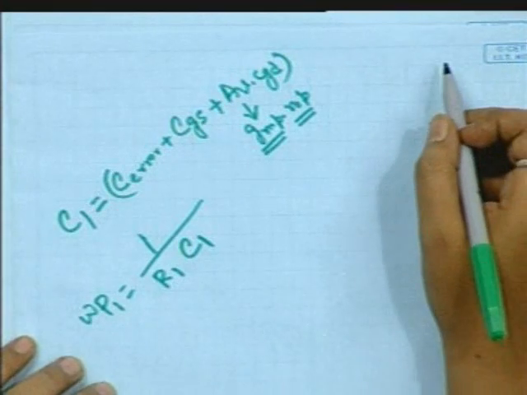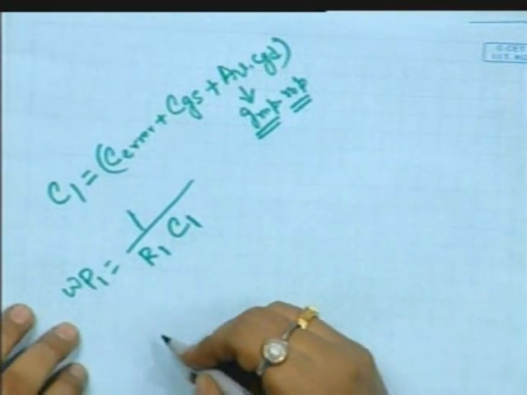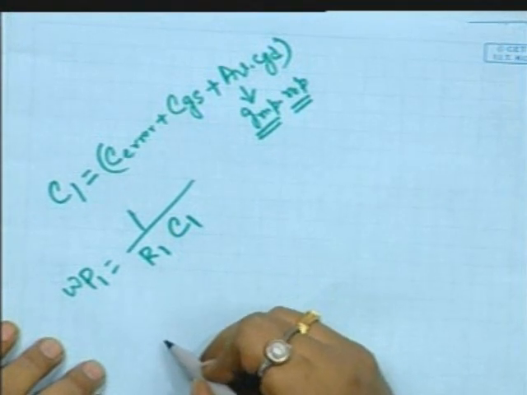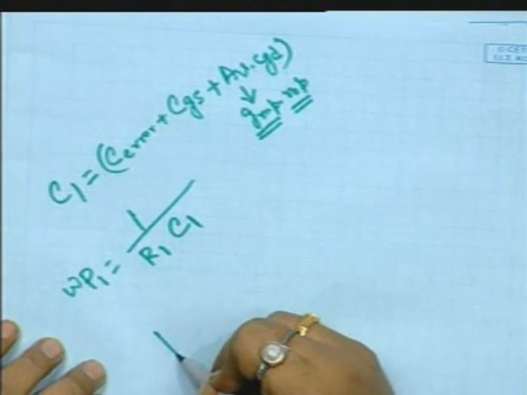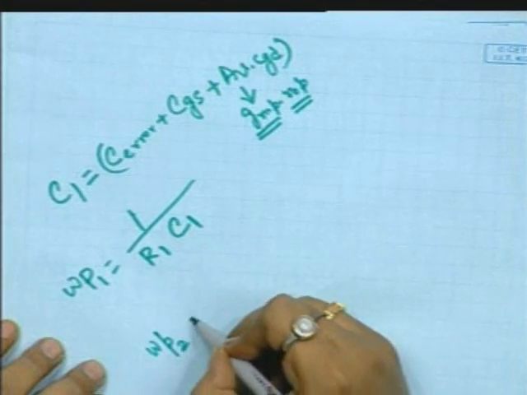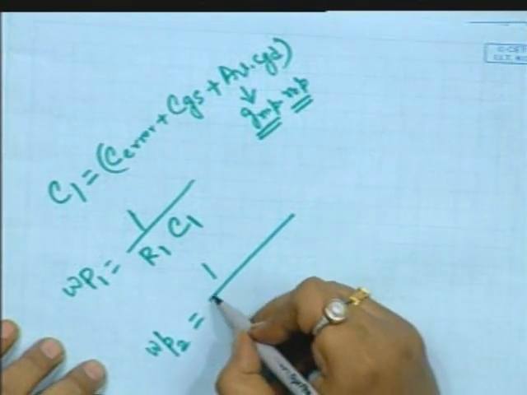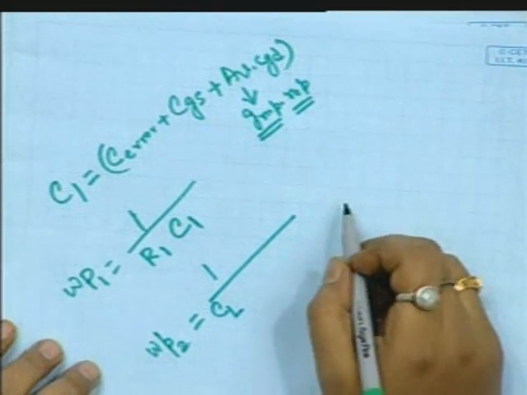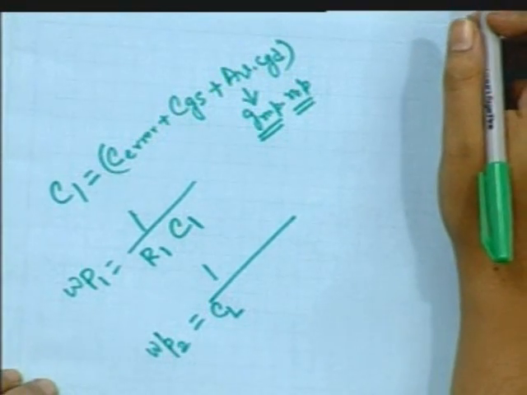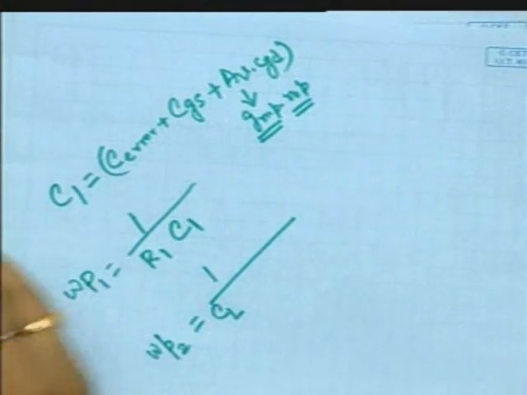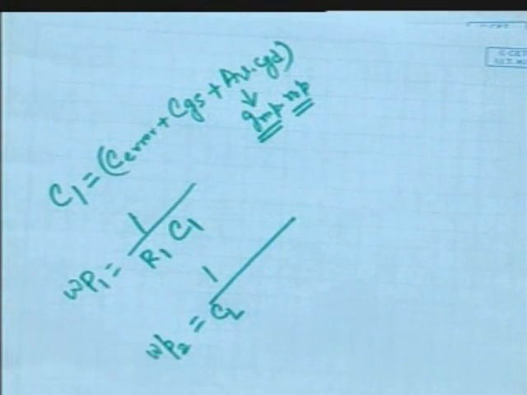Now, if you want to know the location of the pole P2, omega P2 will be 1 by CL. Here we are not considering the ESR term, because it is an on-chip capacitor. That means the capacitor will be within the chip, so the ESR factor will not come.